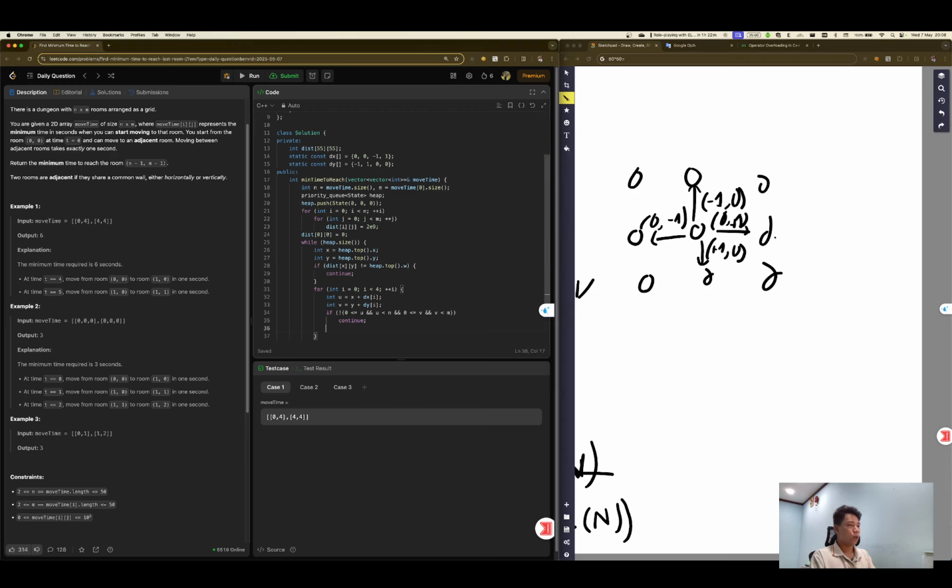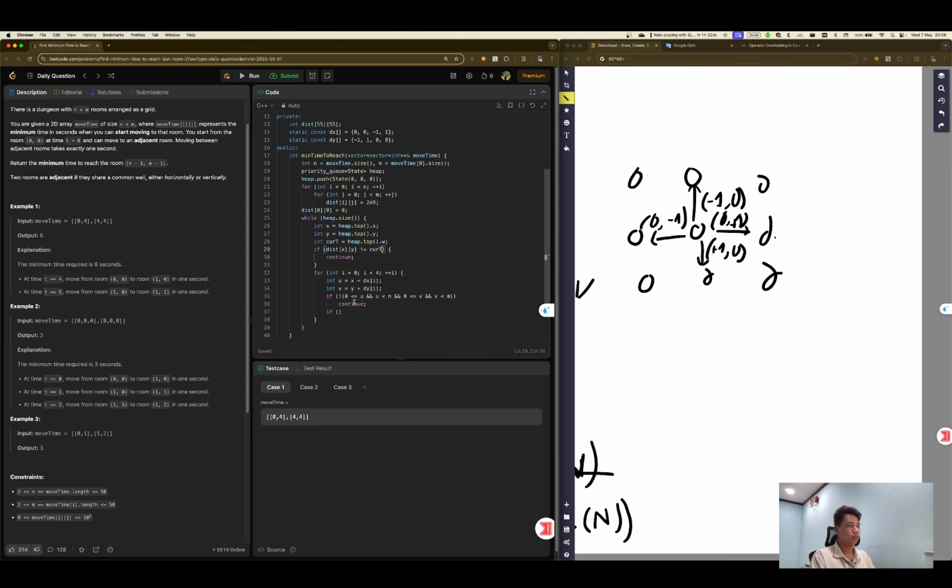Now we need to optimize. Let's get the current time t. We need to calculate the weight.